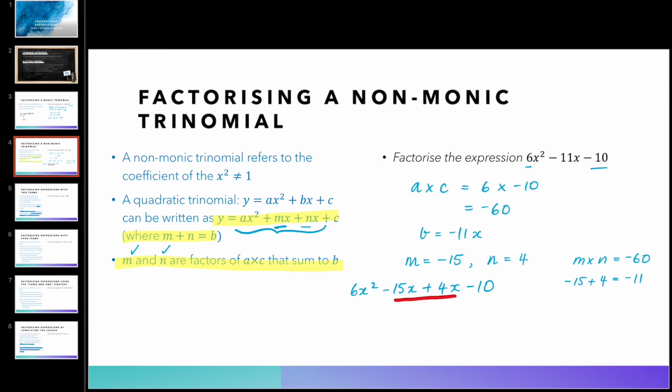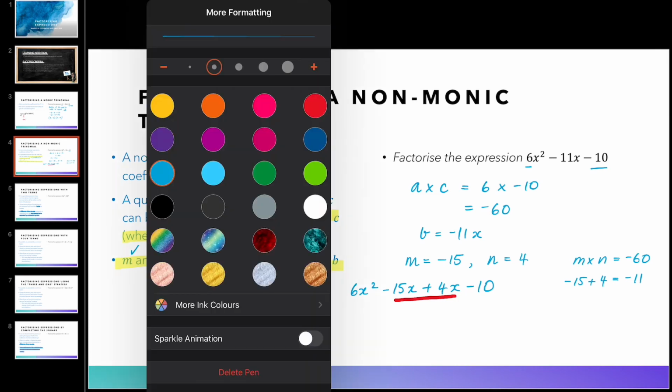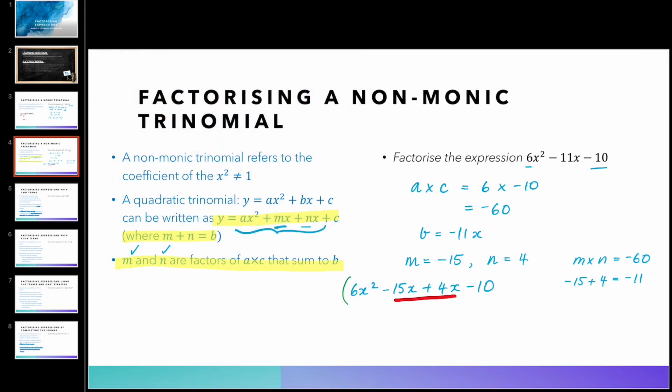Now what we're going to do is create a combination of terms together and factorise them separately. I'm going to put a bracket around the first two terms, in green, and factorise those two together and then factorise the other two together. Factorising the first bracket, that'll be 3x, leaving us with 2x minus 5.